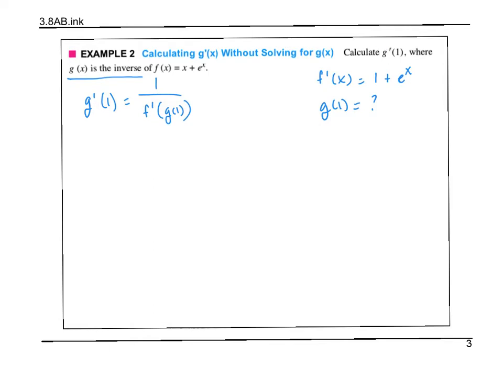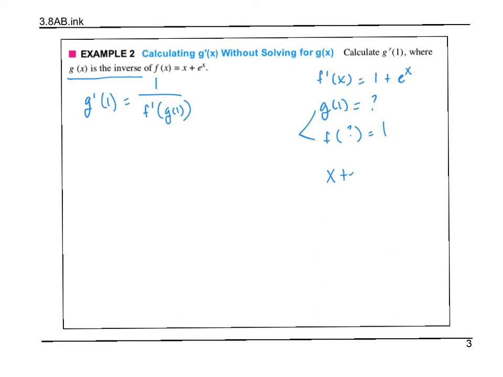So we can use the fact that g of 1 equals some question mark, and since f and g are inverses, then f of that same question mark has to equal 1. Those two go hand in hand together. So that's the piece of the puzzle that I need to work backwards and figure out what g of 1 is equal to. So f of what would give me 1?